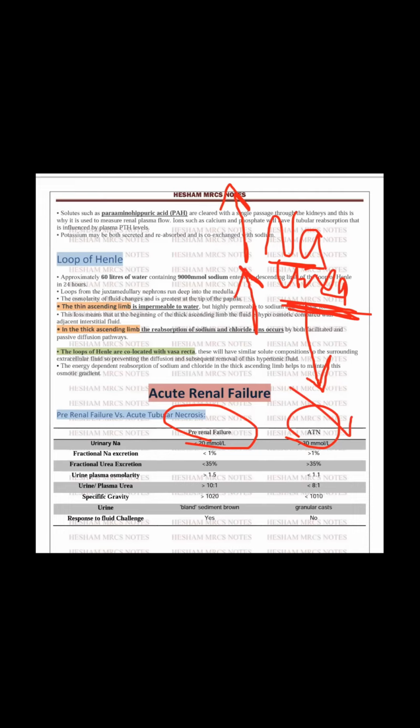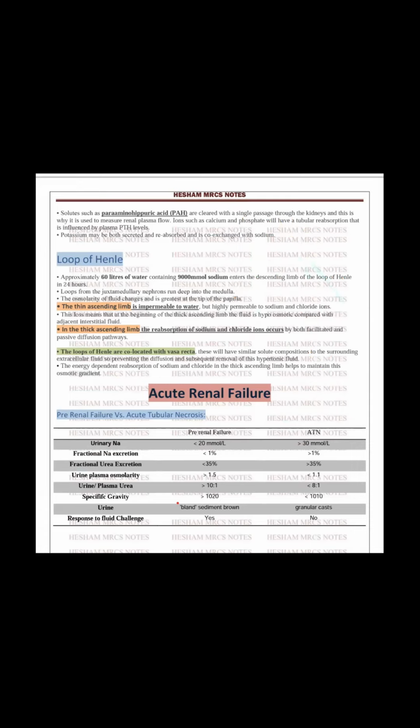Here, just to keep the first three, they are increased with acute tubular necrosis, while all will be reduced in pre-renal failure: fractional sodium, fractional urea, and urinary sodium itself. So the first three are increased in a case of intrinsic renal disorder: increased urinary sodium, increased fractional sodium excretion, and increased fractional urea excretion.